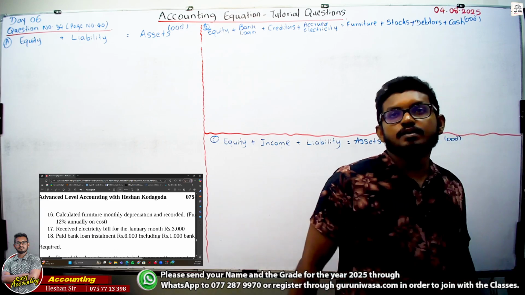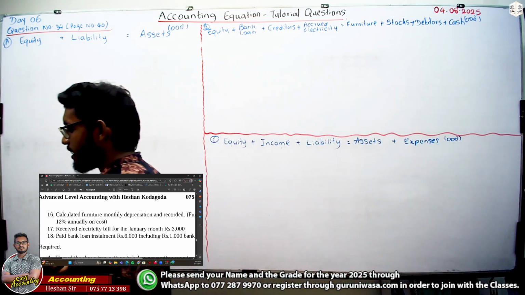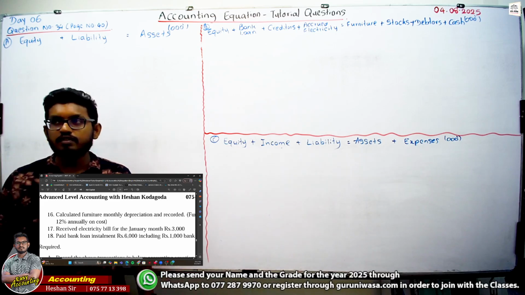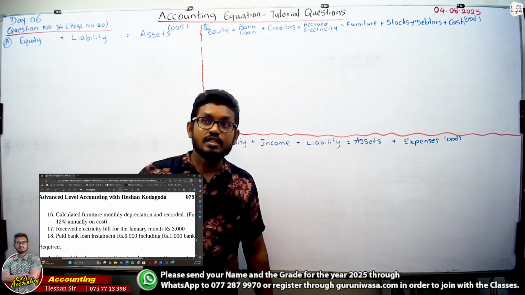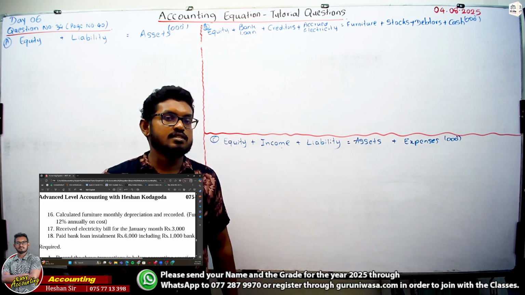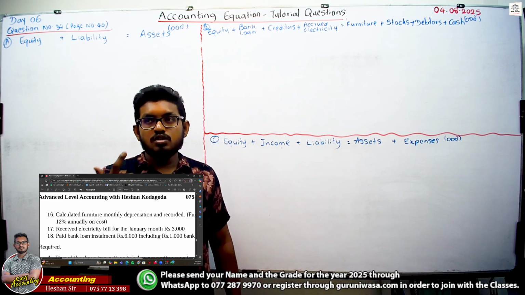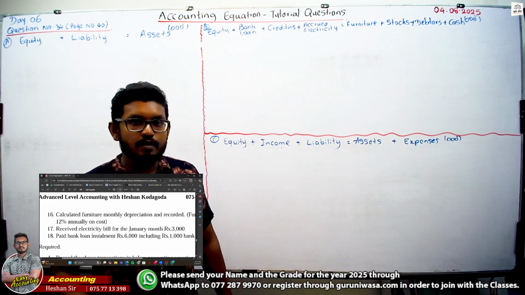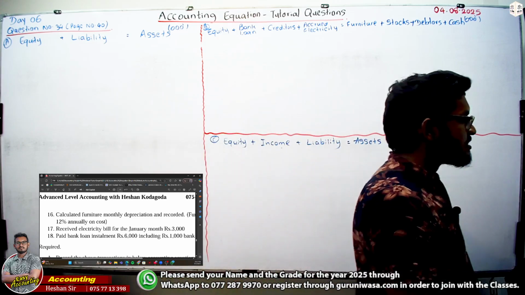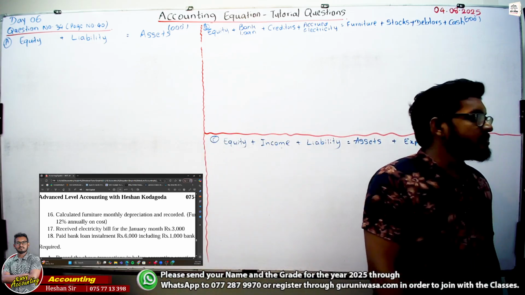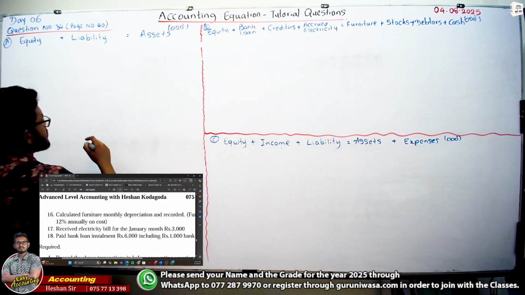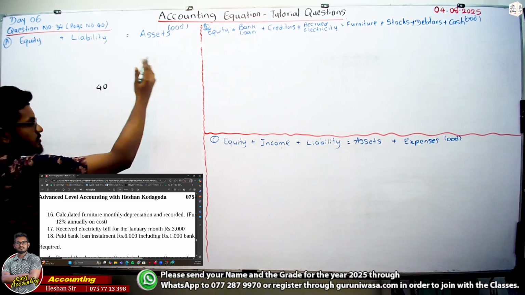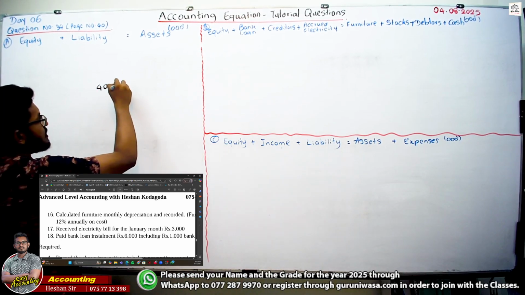Hope you can remember the depreciation. Cost minus scrap value, which means the depreciable value, divided by useful lifetime. In the simple straight line method, cost minus scrap value multiplied by the depreciation percentage. Understand? There is no scrap value, so 40. Just write the workings after this one, then you can have an idea.